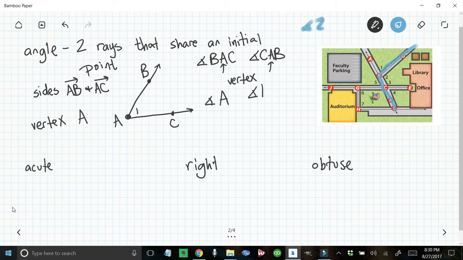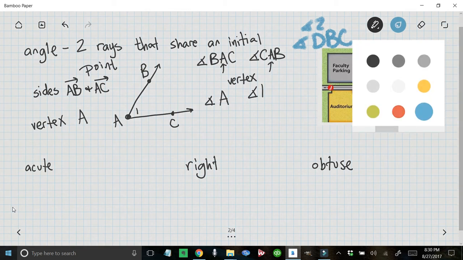Sometimes though there aren't numbers on the inside, so then you just have to pick 3 letters. You wouldn't have to use all of these, you could just choose one. So I could name this angle DBC, or I could have done DBK or DBL, or the reverse of any of those would have also worked.